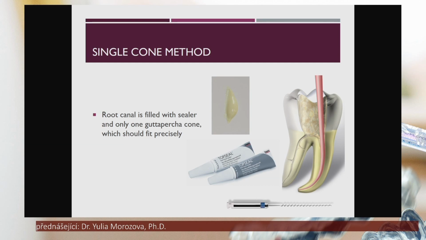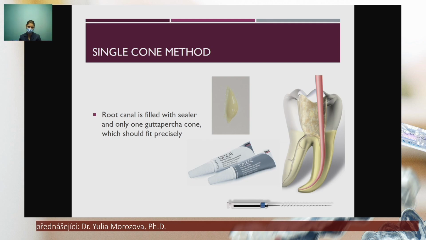Please don't confuse these methods. The single taper method means that, for example, we use a gutta percha cone with a larger taper than normal ISO. Different rotary endodontic instrument systems have specific gutta percha cones with adequate taper, and these cones can be used with some sealers.